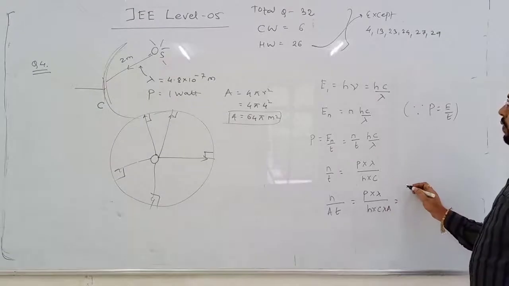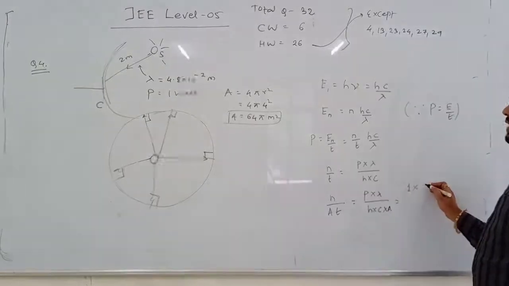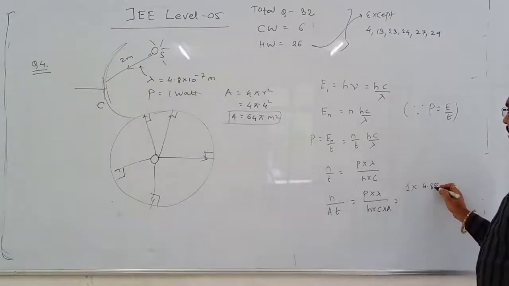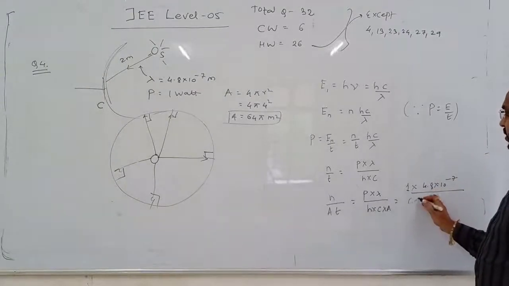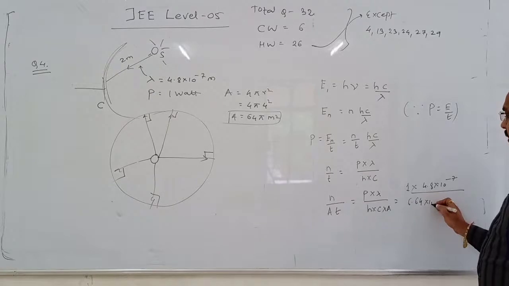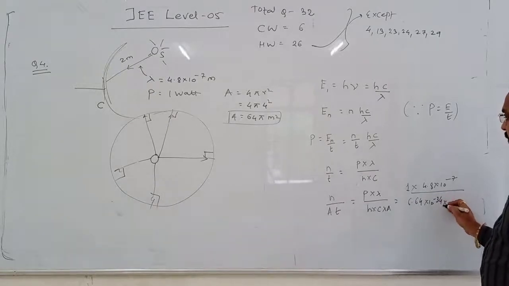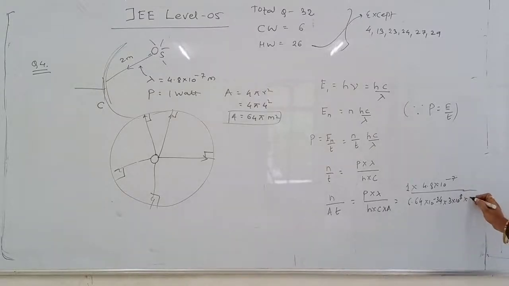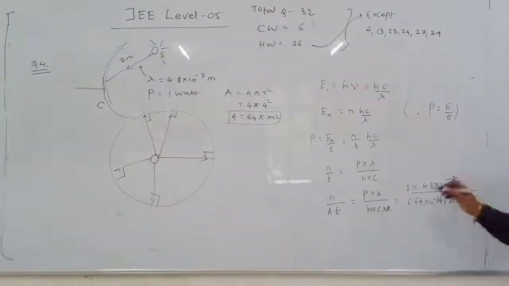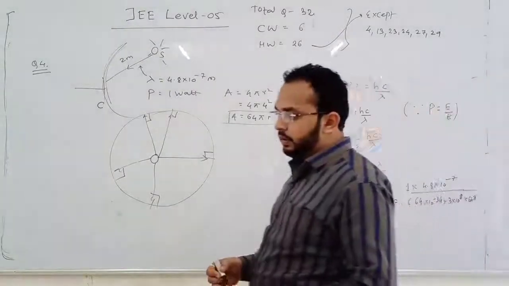So what is P? Power is 1 watt. What is lambda? 4.8 into 10 to the power minus 7, upon what is h? 6.64 into 10 to the power minus 34. What is c? 3 into 10 to the power 8. What is area? Area is given, 64 pi. When you calculate this value, you will get the answer.